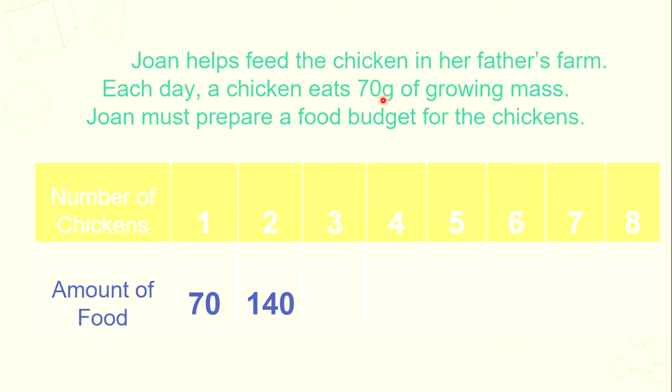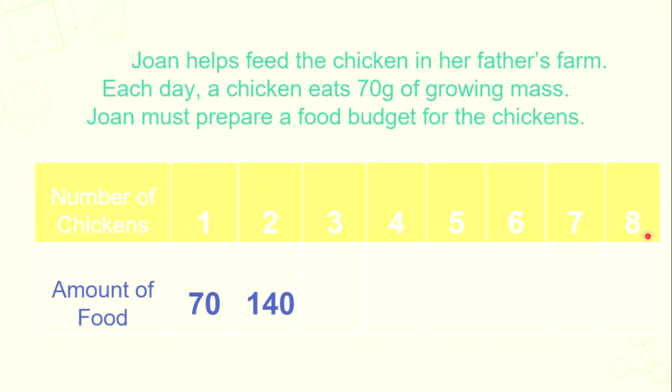For two chickens, 70 multiplied by the number of chickens, the amount of food would be 140 grams. So how do we get the amount of food if we have 3, 4, 5, 6, 7, 8 chickens?